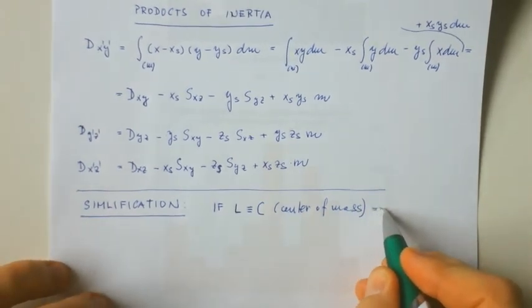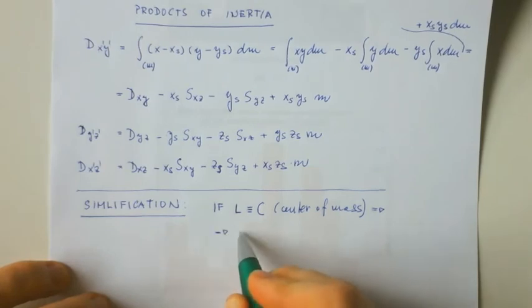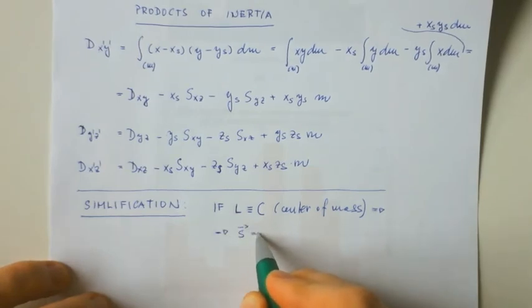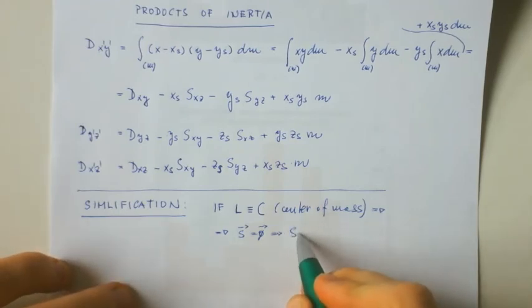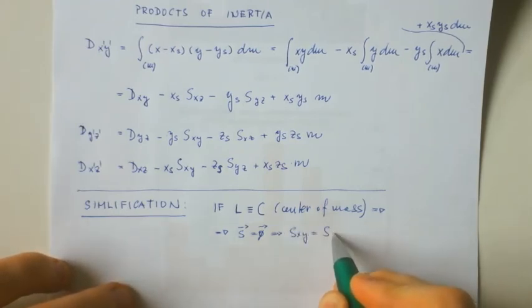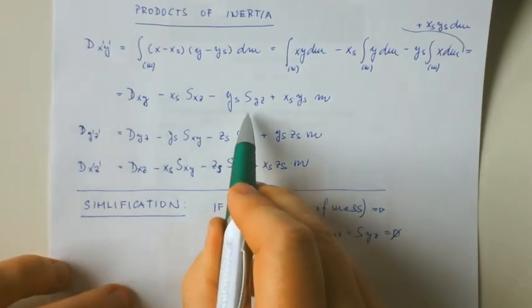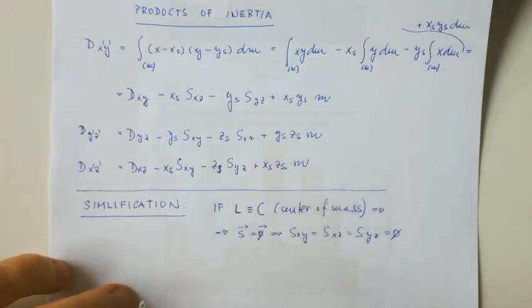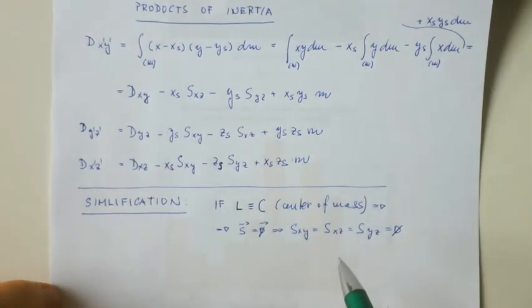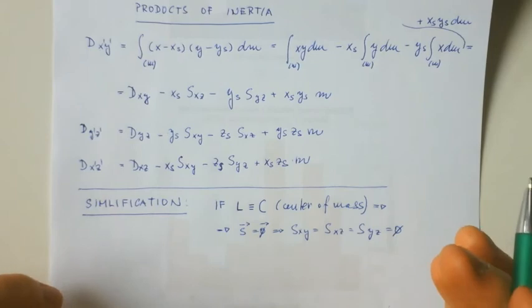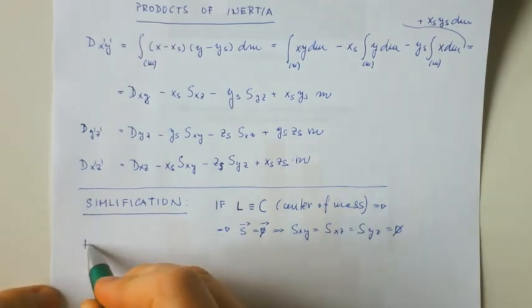From this follows that S is equal to 0. What does it mean? That Sxy is equal to Sxz is equal to Syz is equal to 0. So all these values are 0. It's an essential simplification.